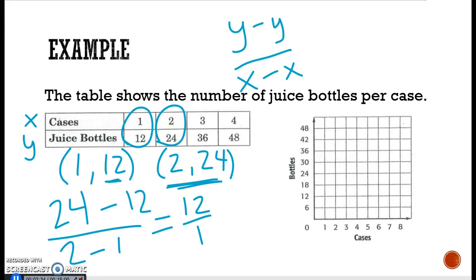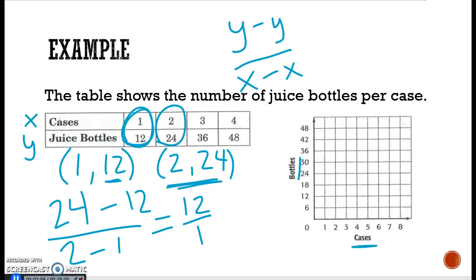What this is telling us is that there are 12 juice bottles per case. We can see that if we look back at the ordered pair, it's 12 juice bottles for one case. In order to graph these, notice how cases is here and bottles is right here. So we are going to plot the ordered pair 1, 12.